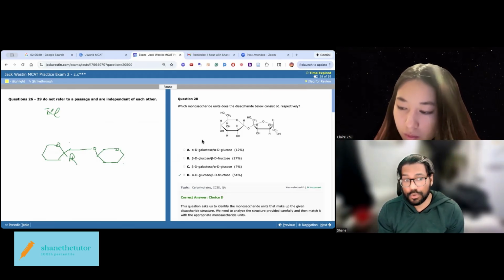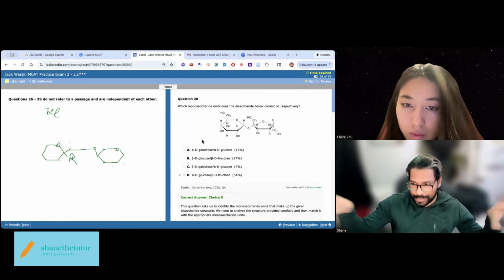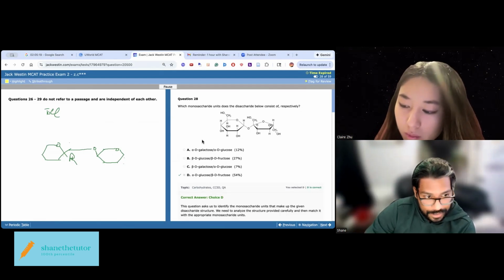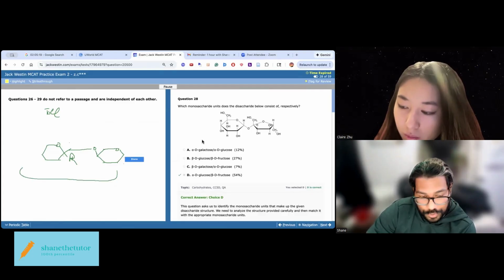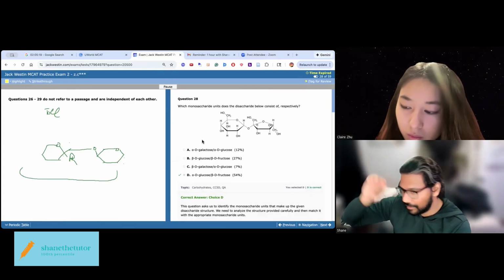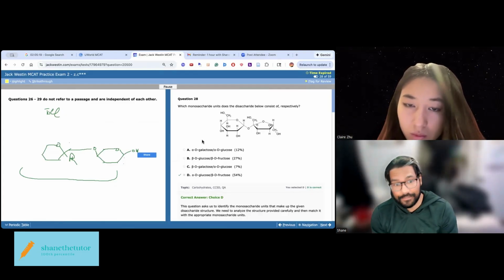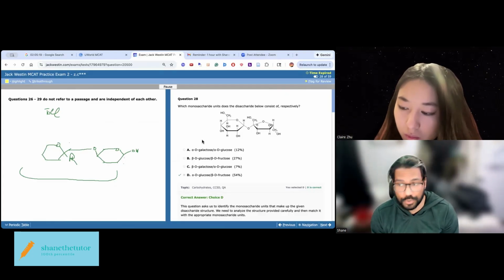Polysaccharides will not be reducing sugars, except you could have a really long chain, and the one on the right is the end of the chain. Well, that end will indeed have that hydroxyl group.